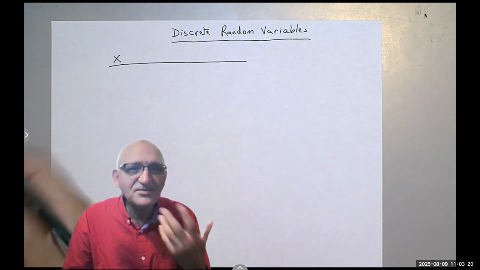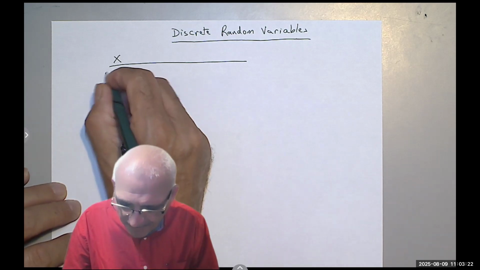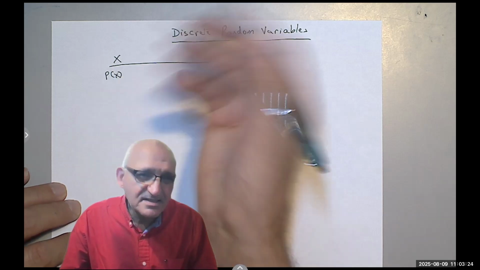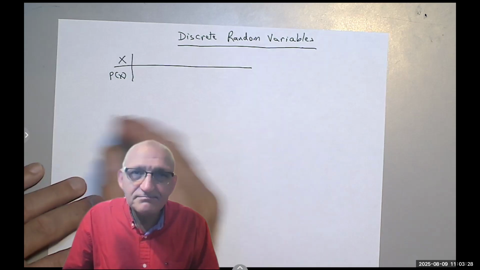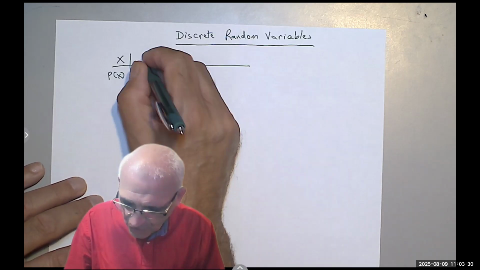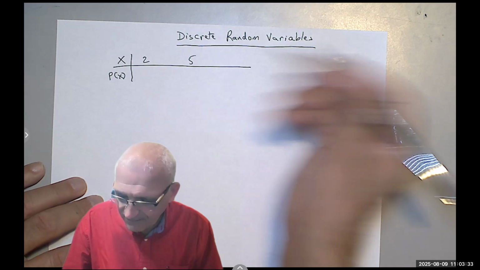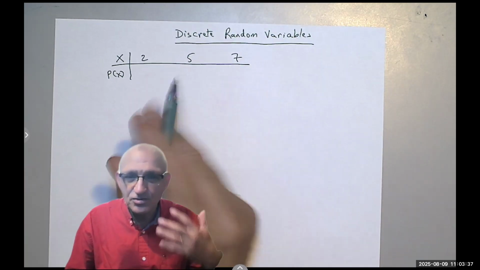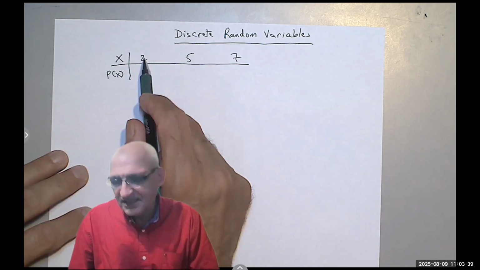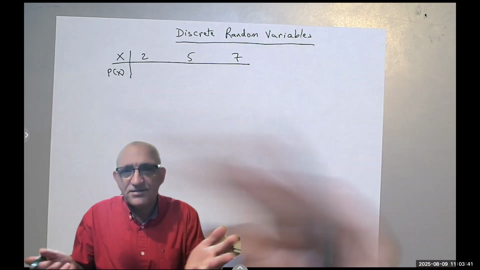Sometimes you will see the term p of x, and p stands for probability. Anyway, we say x can take three values, 2, 5, 7. And I'm not going to give them equally spaced, so you don't get the idea that I have to add 3. No, they can be any three numbers.